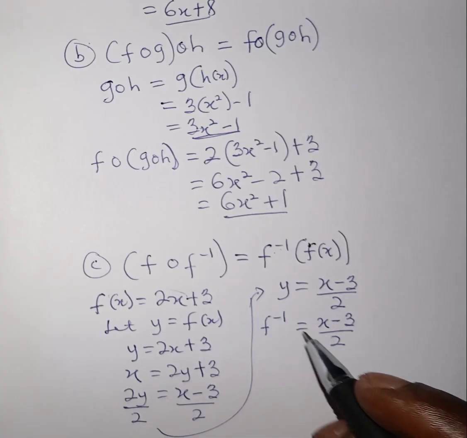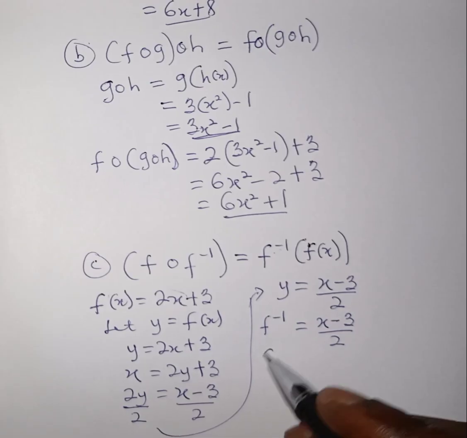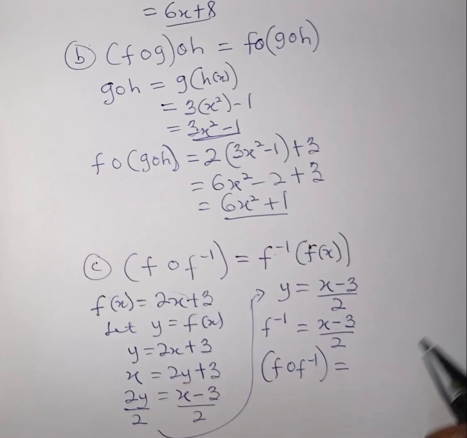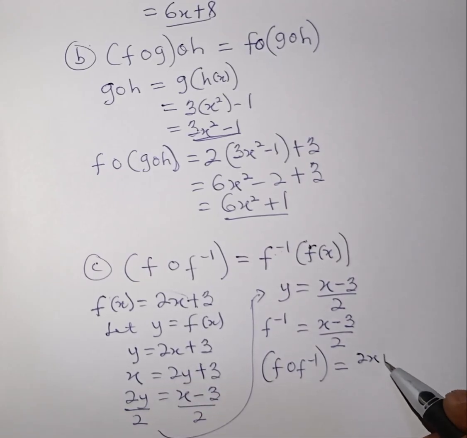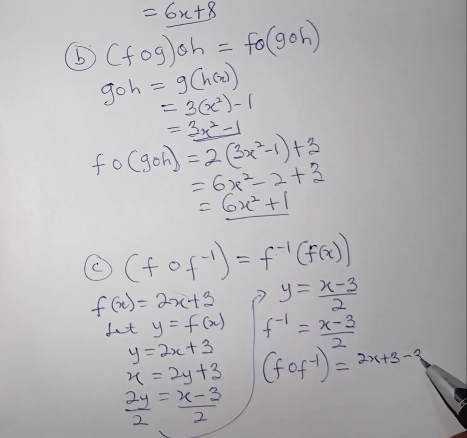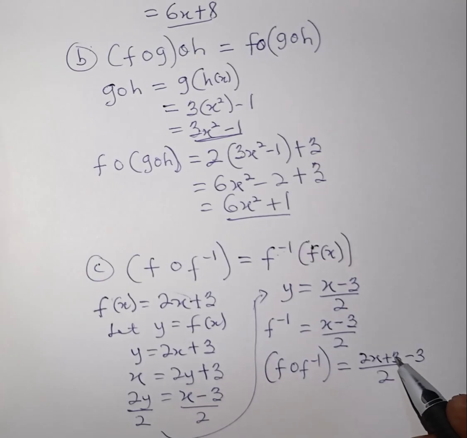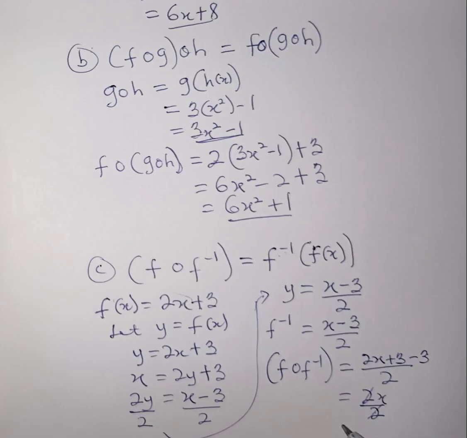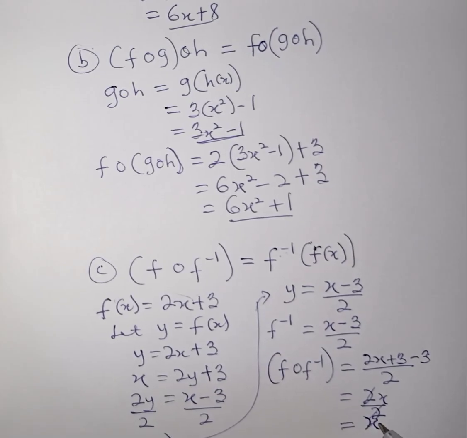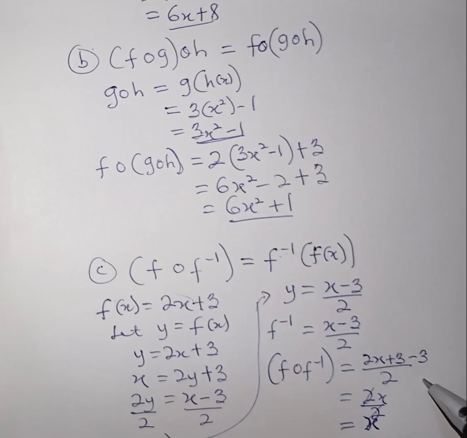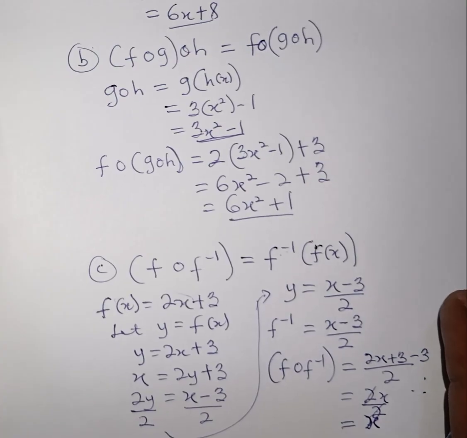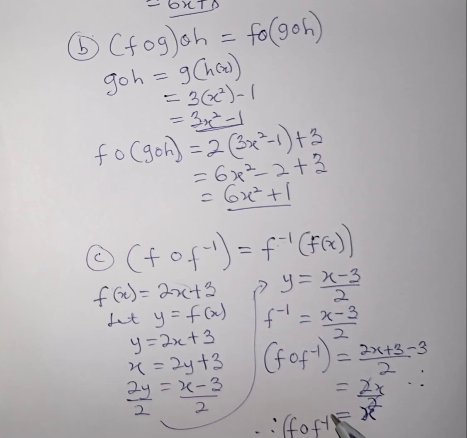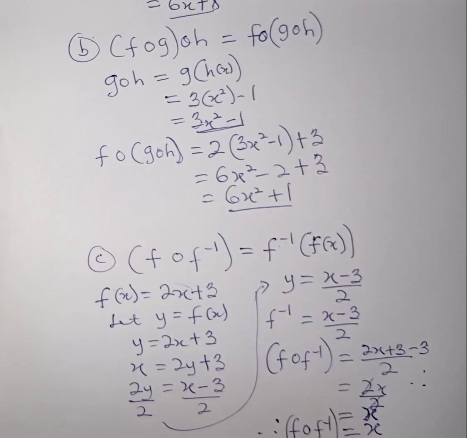If that is the case, then f of f inverse is given as 2x plus 3 minus the 3 all divided by 2, and we know that this is negative, so I'm going to get 2x divided by 2, where these two will go, then the answer becomes x. Therefore f of f inverse is giving us x, and that's our answer.